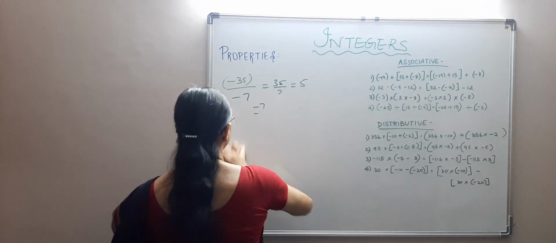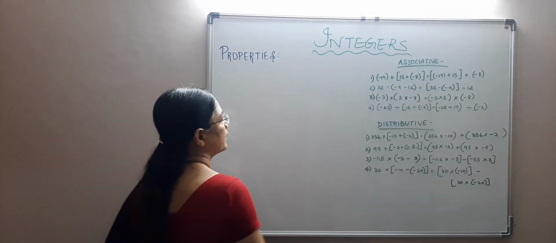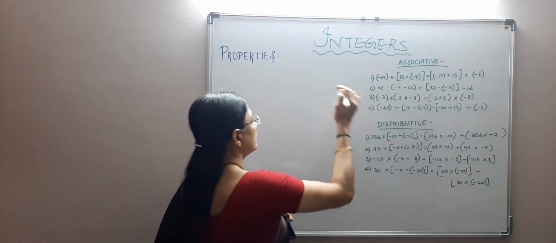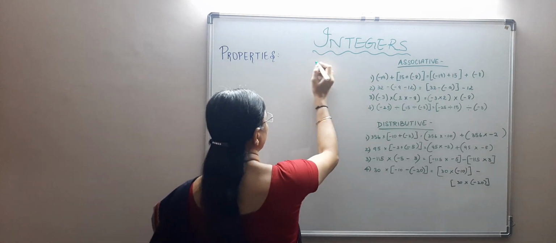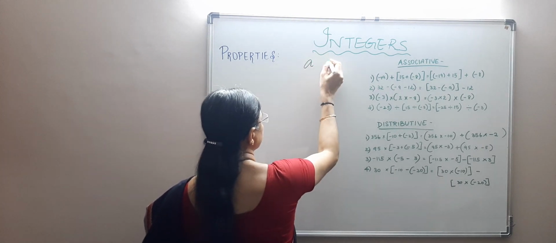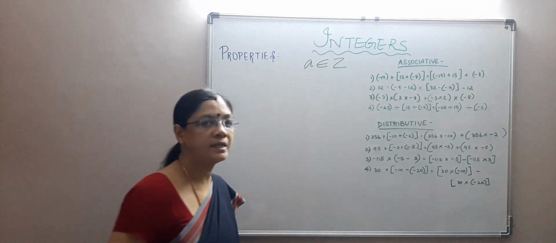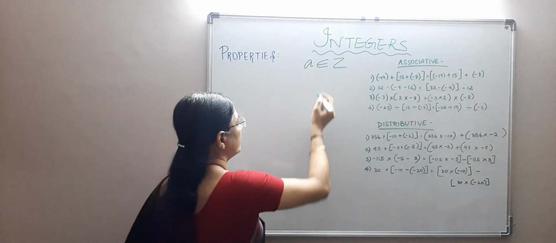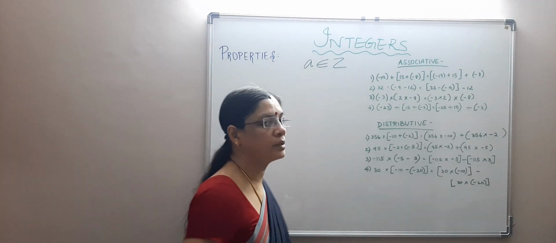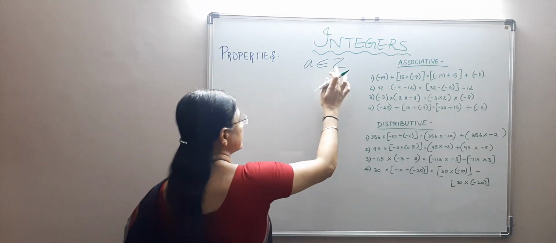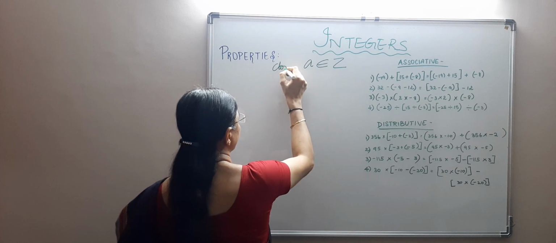The next property we are going to see is associative. So we know what is associative. See, for closure property, if the result is A, we see whether it belongs to Z. This symbol stands for belongs to. The answer should belong to the integer set, that is Z. This is for closure property.